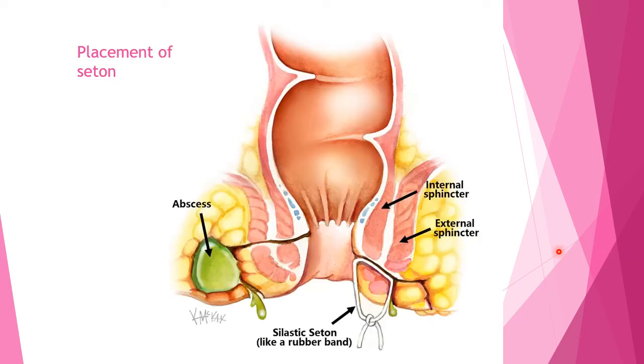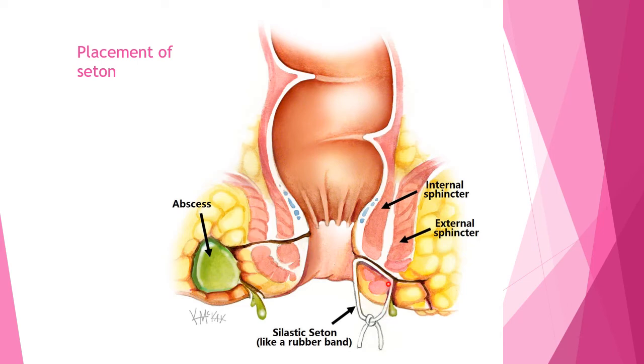Next we come to the seton, the use of a seton in fistula in ano. A seton is a suture that is placed in the tract. This is the fistula tract. It is passed through the opening of the tract, into the tract, and comes out again through the anus. Then these setons are tied externally.